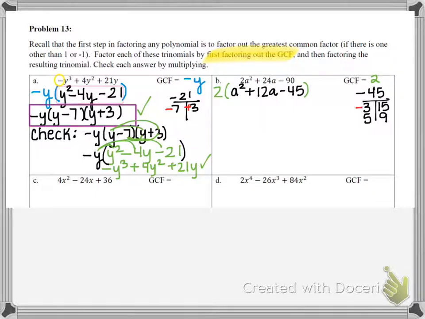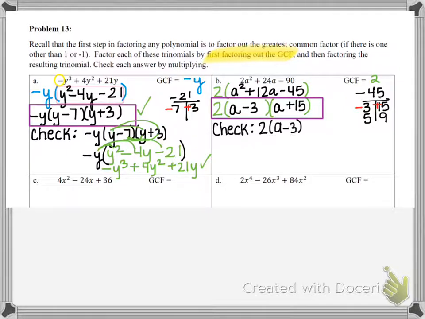We can tell 3 and 15 are going to be the choices I want, but I want 3 to be negative and 15 to be positive, so it adds up to positive 12. So my two binomials are going to be a minus 3, a plus 15. So I'm pretty sure that's my answer, but let's go through the check procedure. So again, I would multiply my two binomials first.